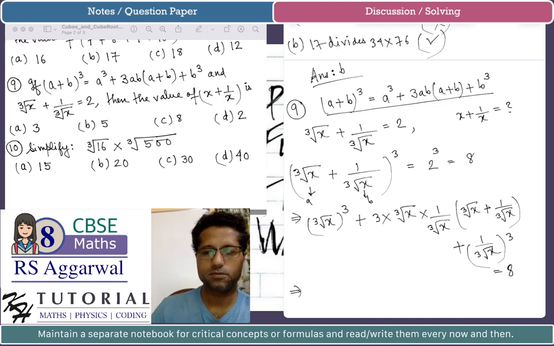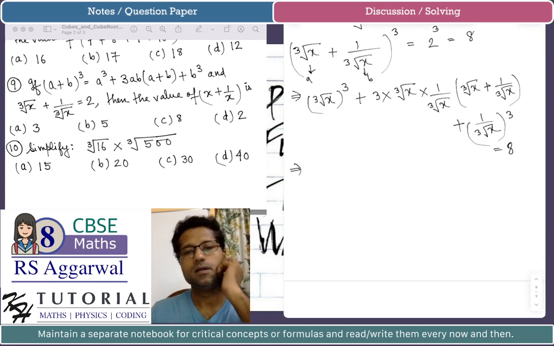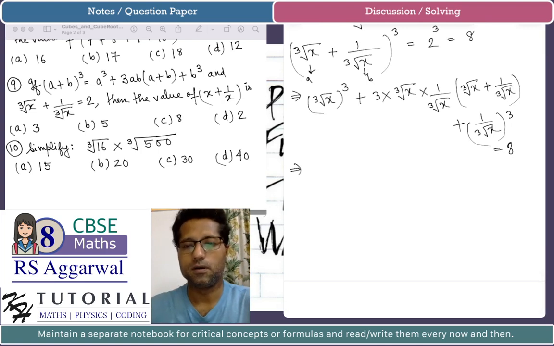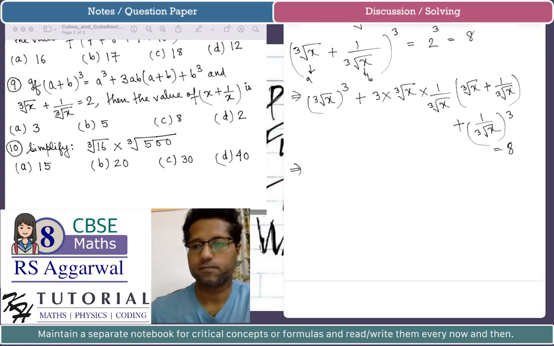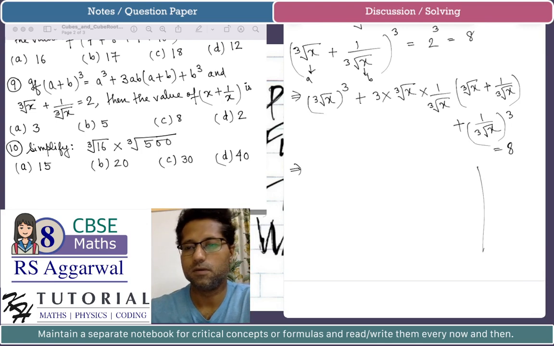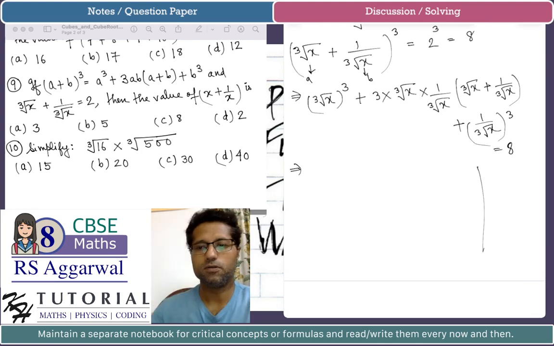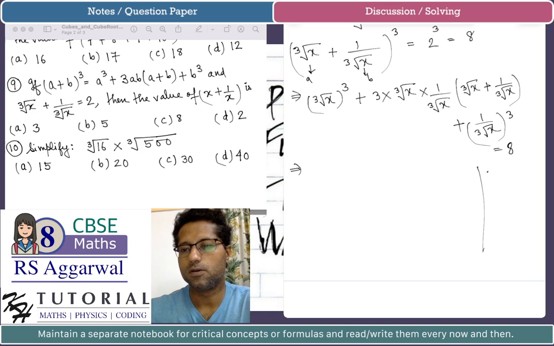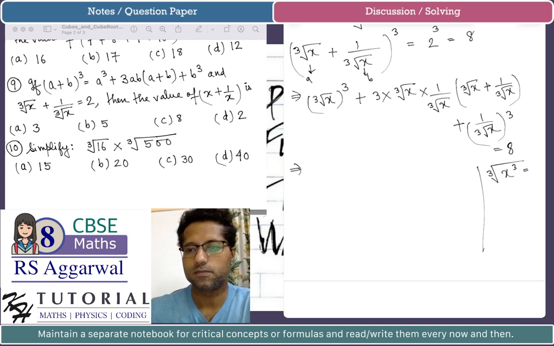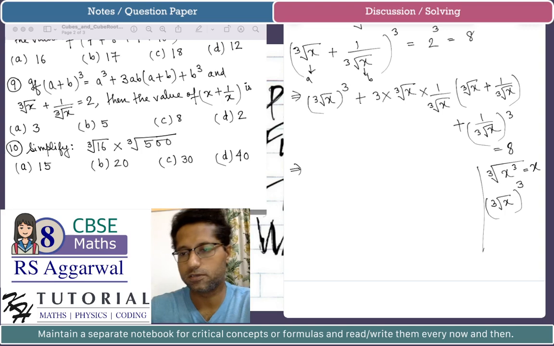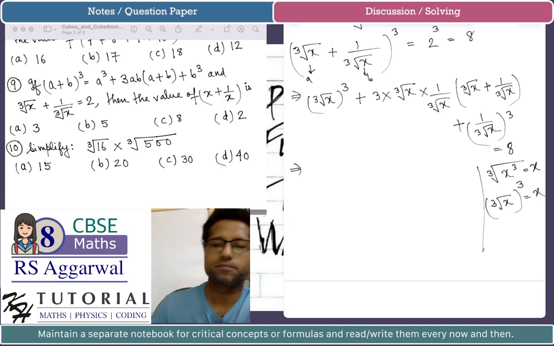Now if we simplify the left hand side, you must be very clear about this fact: the cube of cube root of x is x.